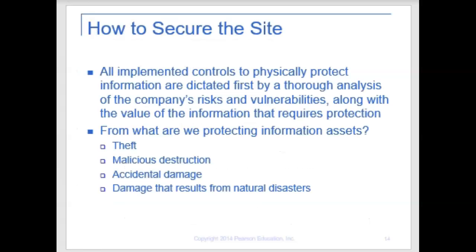Okay, so how do we secure a site? Depending on the size of the organization and how much information is being processed, it can range from a closet with one server to an entire complex of buildings, right? So think of the most obvious risks, such as theft or malicious activity. We also want to consider accidental damage or even natural disasters in our consideration of the best possible approach. Remember, if somebody can get physical access to our network, it is damaging because all the technical controls we put in place have no impact, right?